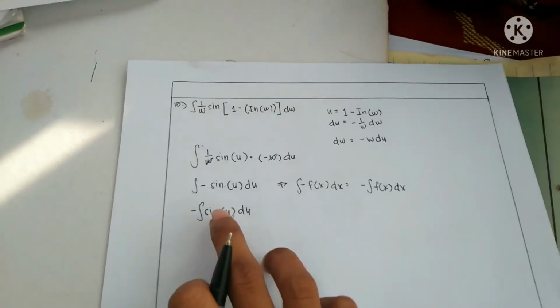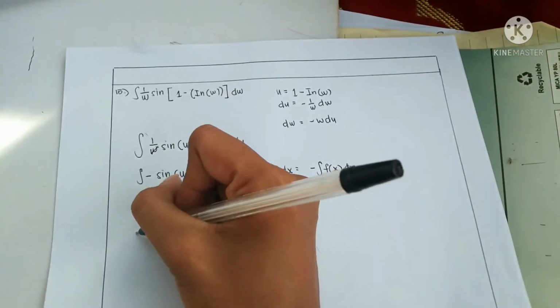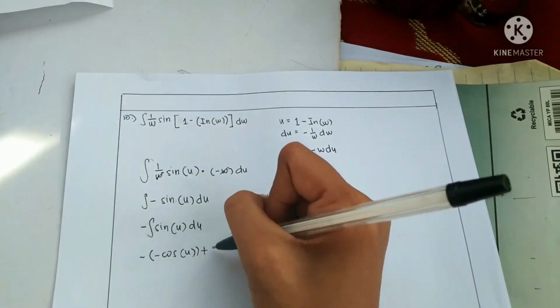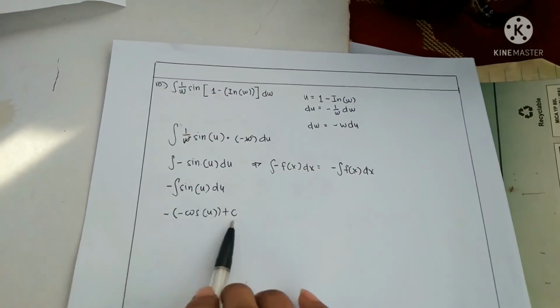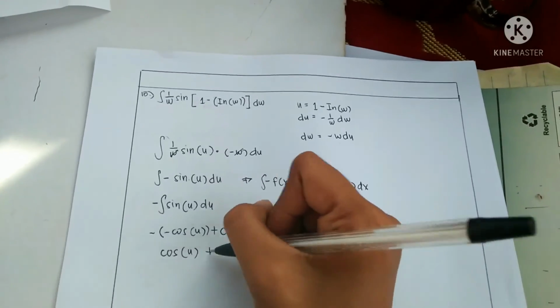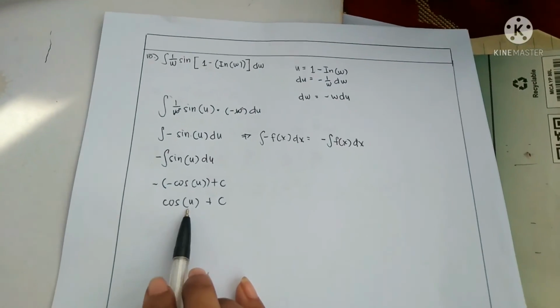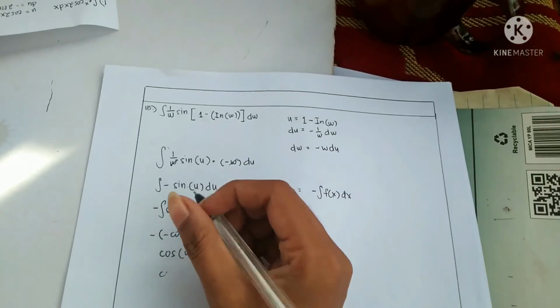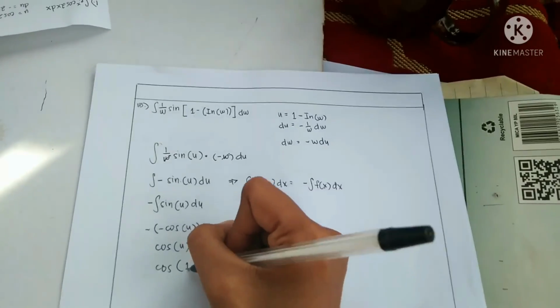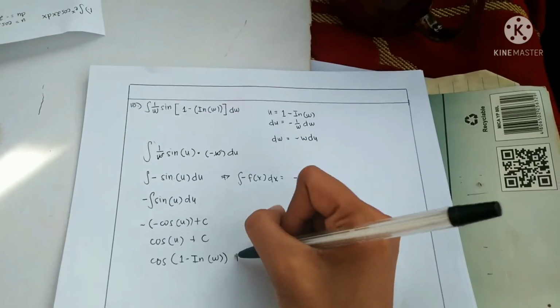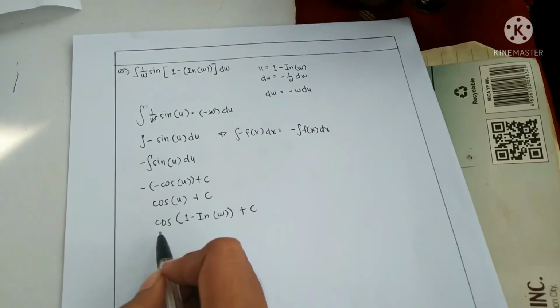So, next is, integrate natin yung sine u, magiging negative cosine u plus c. Simplify natin to, magiging positive cosine u plus c. Then, last is to plug in the value of our u, which is 1 minus ln of w. So, cosine 1 minus ln of w plus c. So, ito yung final answer natin.